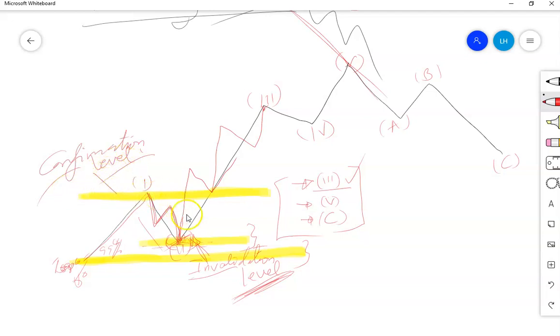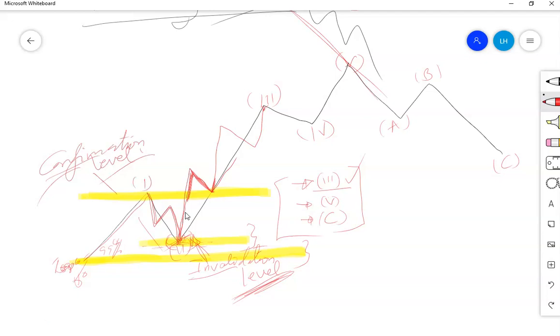Once the price has moved beyond this level, it has retested it. It has corrected by retesting the level without breaking it, and then it resumes upward. Now this we call a confirmation.